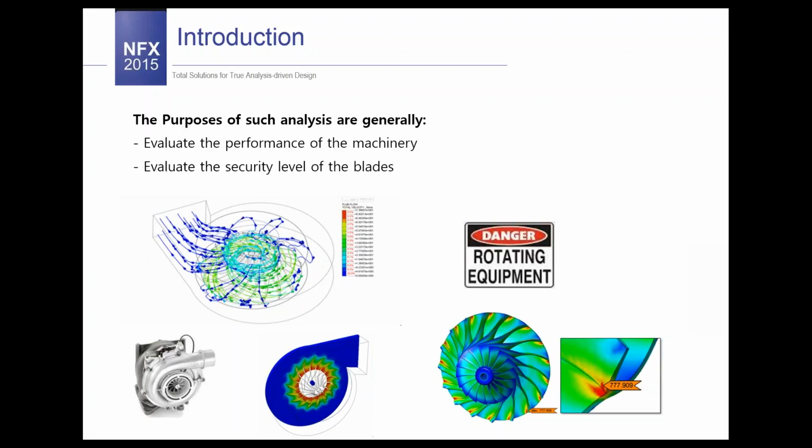So what you can do is a rotating analysis using the techniques that I'll show during this webinar. After that, you can perform a structural analysis using the fluid structure interaction feature to get the pressure on the blade and analyze the structural model of the blade.